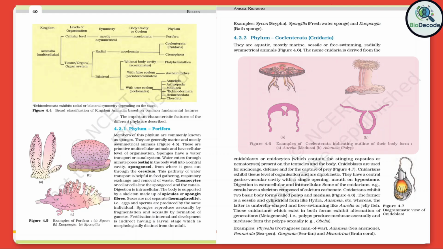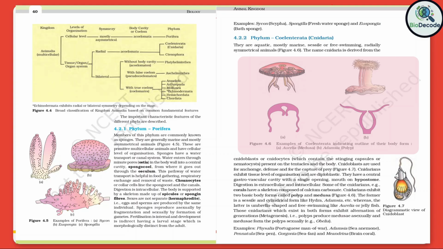Figure 4.6. Examples of Coelenterata indicating body forms: A, Aurelia medusa; B, Adamsia polyp. The figure contrasts the two structural forms found in cnidarians. Medusa Aurelia, the jellyfish form, is umbrella-shaped, free-swimming, and adapted for locomotion in open water.